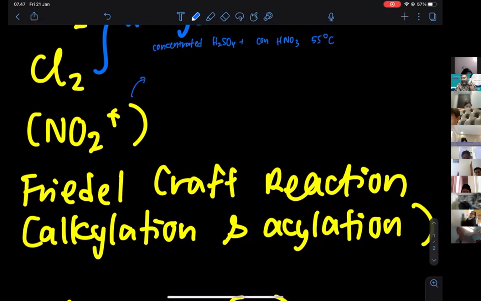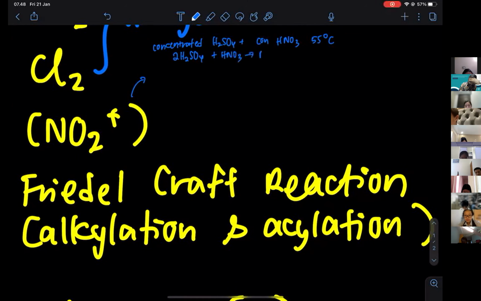Let's focus directly on the point, because in your syllabus they say 20 to 60, so I'm just using 55. So if you have this, you need to know how to write the equation H2SO4 plus HNO3.